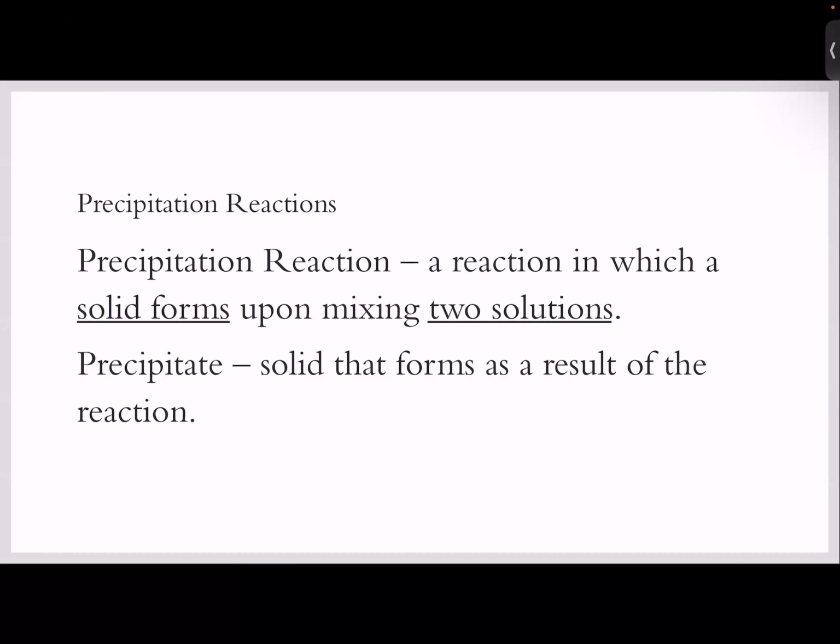Again, I've underlined some key pieces. We're specifically talking about ionic compounds here. So we're talking about an insoluble ionic compound forming from 2 soluble ionic compounds.